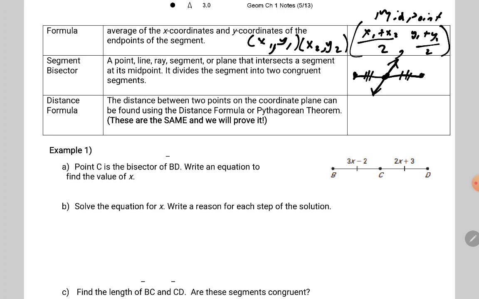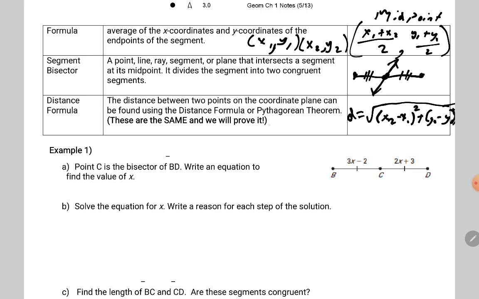And then the distance formula, you should remember this by algebra, but it's been a while. But what you do is you take the differences, the difference of your x's, so x2 minus x1, and then square it, and then do the same thing to your y's, and then put it all under the square root.